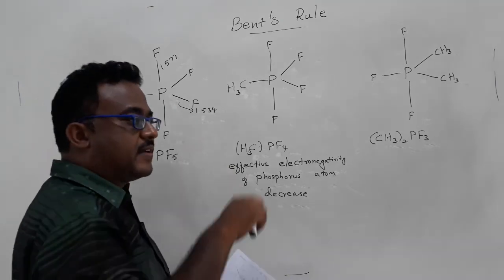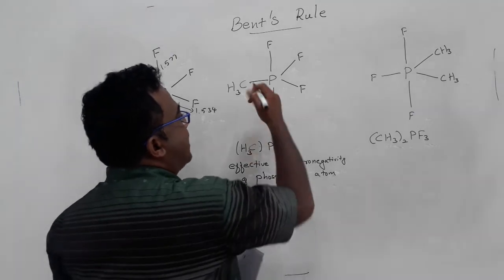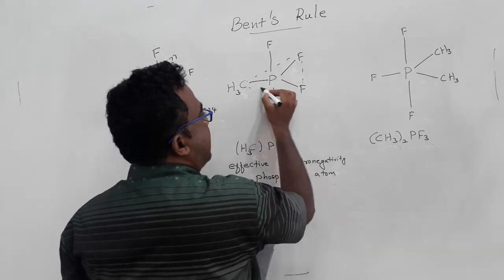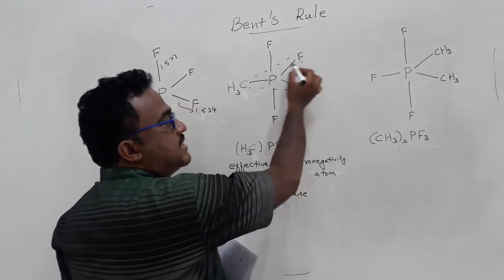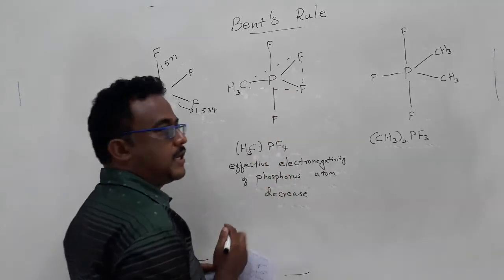In other words, if you consider these 3 in the equatorial side, the hybrid orbital responsible for the xy plane is sp2 hybrid orbitals.